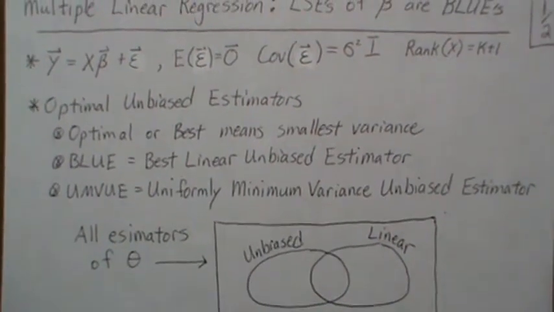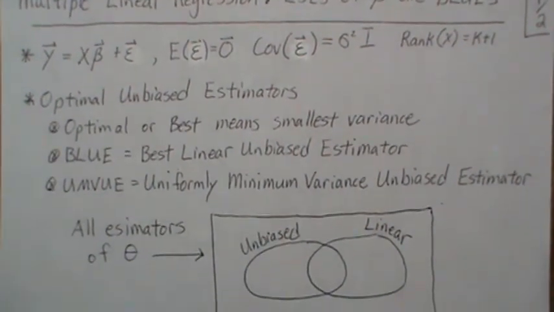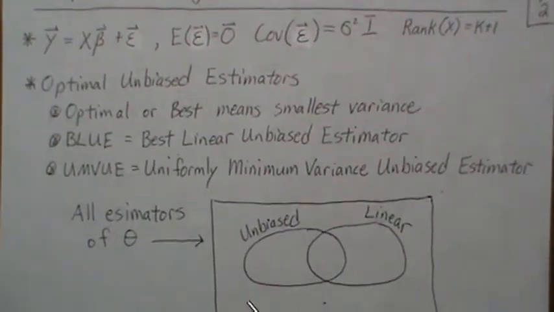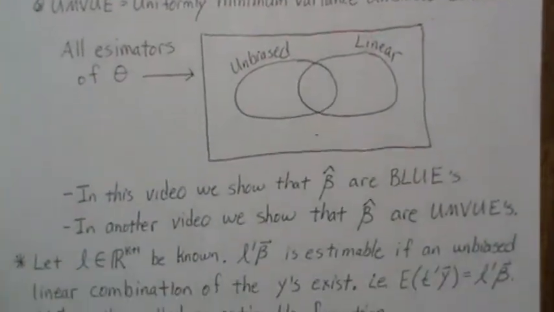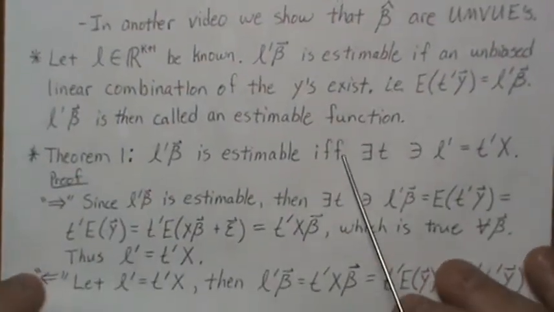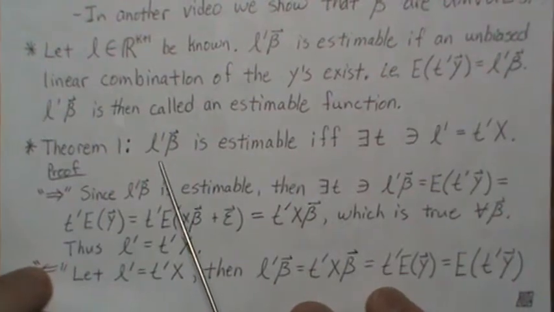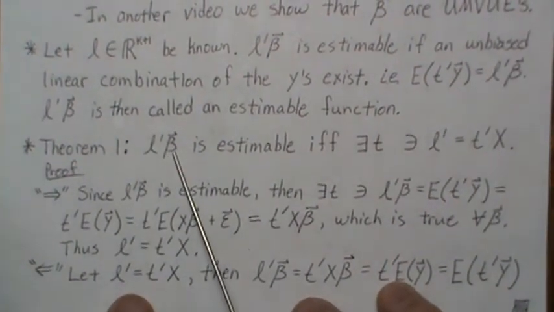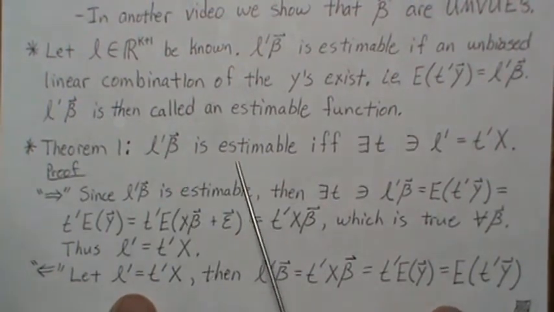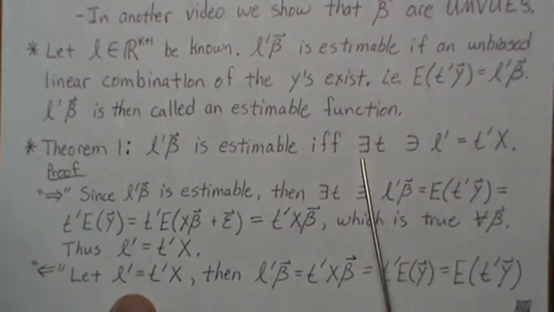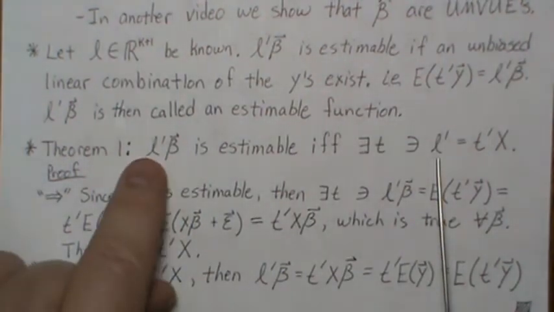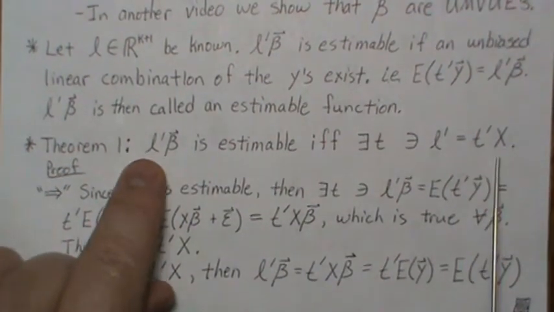So really I could have left the estimability part out, because it's always estimable here, but I'm foreshadowing what we'll have to do in design of experiments. So one quick theorem: this linear combination of the betas is estimable if and only if there exists a t such that L prime is equal to t prime X.